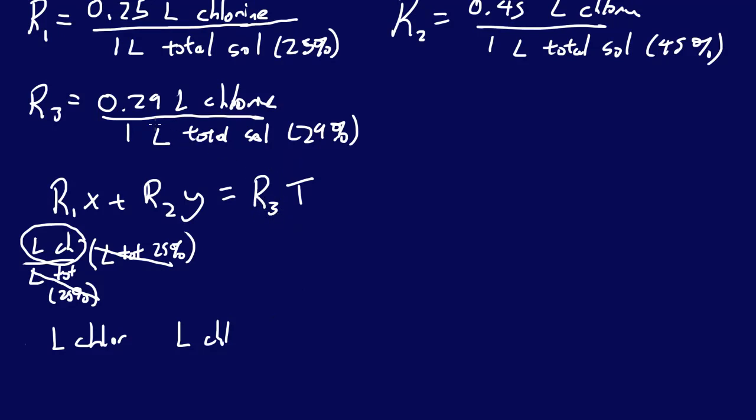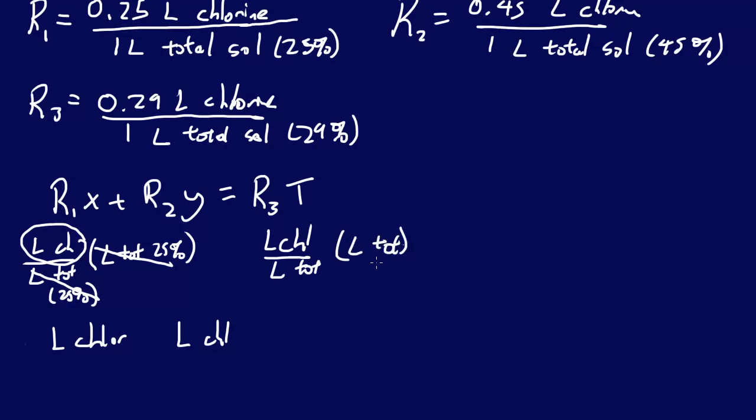And then same thing with the final term. The R sub 3 is 29% of that 55 liters is chlorine. So when you multiply those together, the liters of total solution crosses off the liters of total solution. So again, this is liters of chlorine per liters of total solution times liters of total solution.